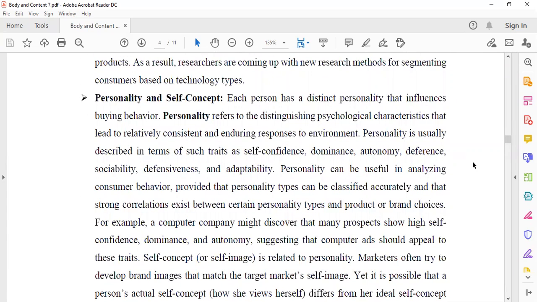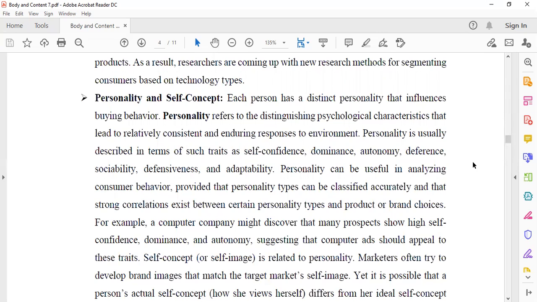Also is the personality and self-concept. When we talk about personality, we're looking at the way an individual sees him or herself, the way he wants to carry himself, the way he expresses himself.